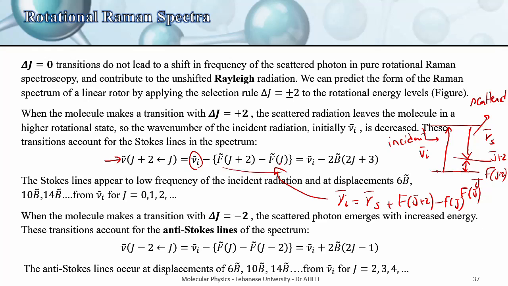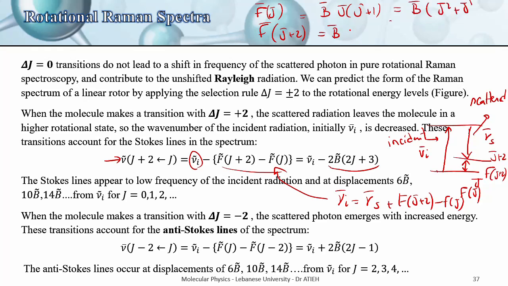Okay, so this is the energy difference between the levels before and after of the molecule, and this is equal to B bar (2J plus 3). So simply, F(J) equals B bar J (J plus 1), and F(J+2) equals B bar (J plus 2)(J plus 3), which is equal to B bar (J squared plus 5J plus 6).